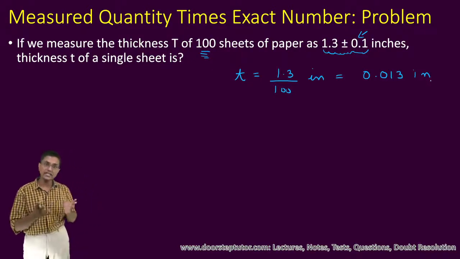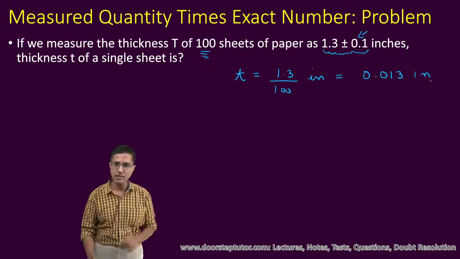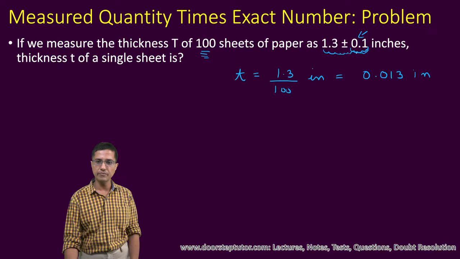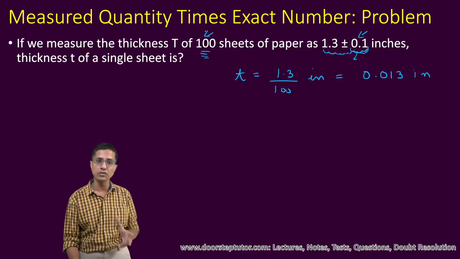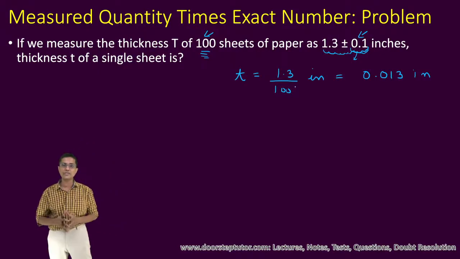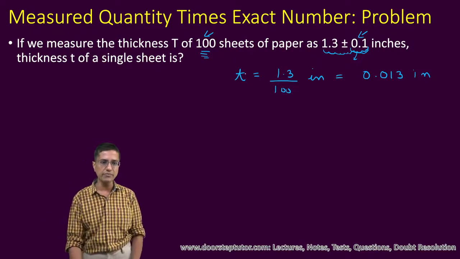Okay, what about the error? We have already studied in the previous class that the error in the measurement of the entire bundle would be divided by 100 also, because our main quantity is divided by 100. So our error 0.1 inch would also be divided by 100 when we calculate the thickness of one sheet.